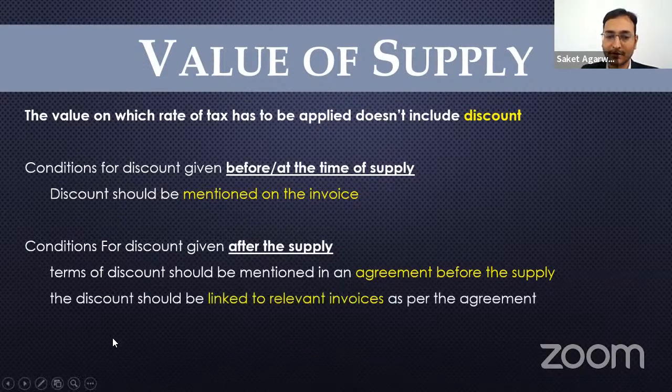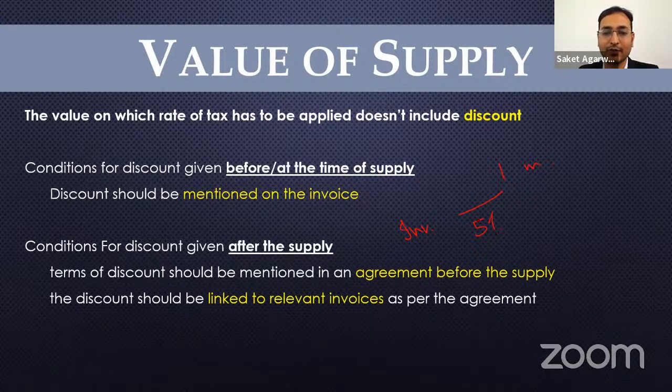Next, having this agreement is not enough. You have to show, as per this agreement, which invoice is eligible for the discount. You are supposed to link it to the relevant invoices as per the agreement. In our example, let's say the buyer has made the payment within 1 month. Now you are supposed to show what was the original invoice towards which this payment is being done, and how, as per the terms of the agreement, 5% discount is being offered.